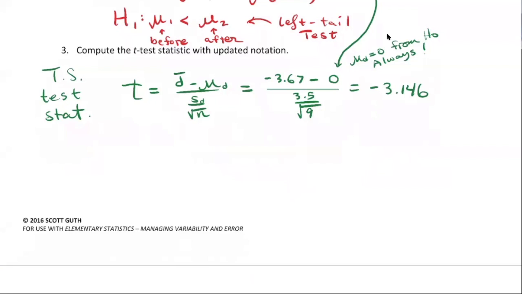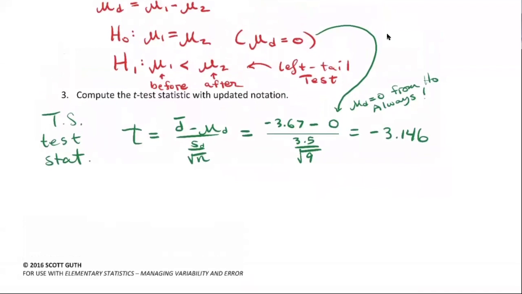Okay, so once you have your test statistic, this tells you again that the mean difference is a little more than 3 standard errors from no difference. So again, d bar is the observed difference, and mu d is the assumption that there was no change at all on average.